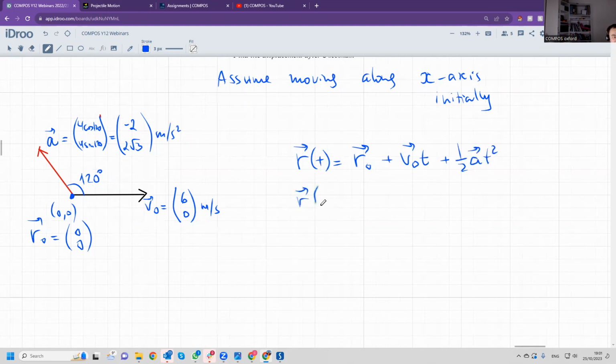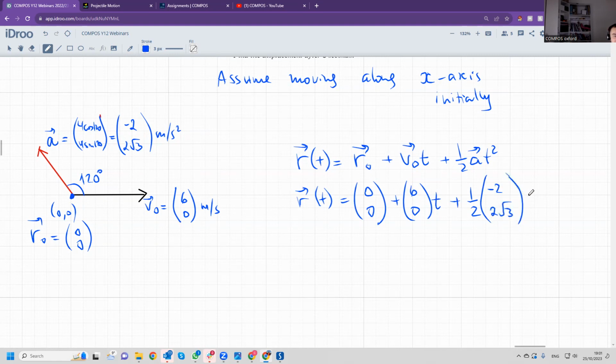So R of t is equal to 0, 0, plus 6, 0 multiplied by time, plus 1/2 multiplied by minus 2, 2 root 3 multiplied by t squared.